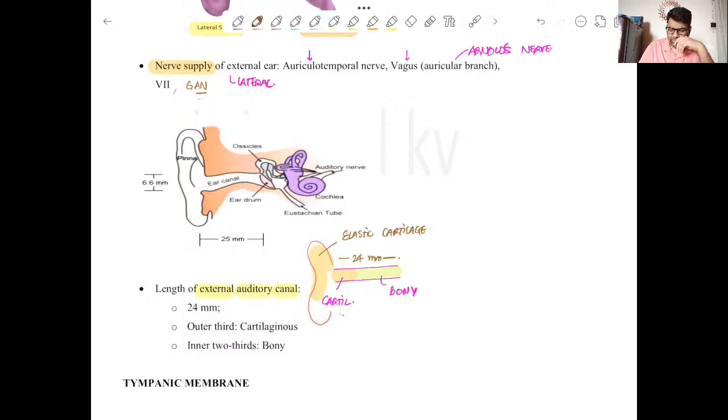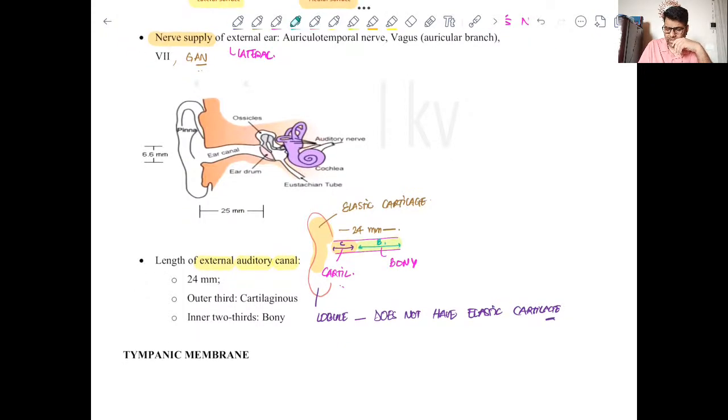And remember one thing, the lobule is devoid of elastic cartilage. It doesn't have elastic cartilage, right? So just remember this much. Clear? So this is how you can remember the outer 1/3 is cartilaginous and the inner 2/3 is bony, right?